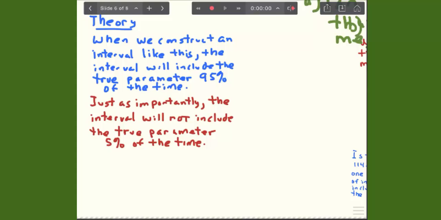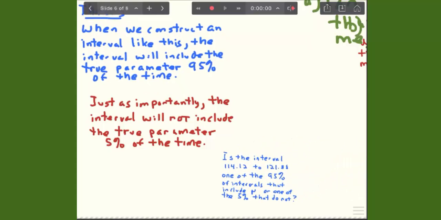If I gave you an interval and said it was 2 plus or minus 2, that is a 100% confidence interval because it's all of the range of values. But a much more meaningful statement would be to say that the 95% confidence interval is, let's say, 2.6 to 2.8 or something like that. That's a much more meaningful statement, even though you've given up some confidence to get some precision there.